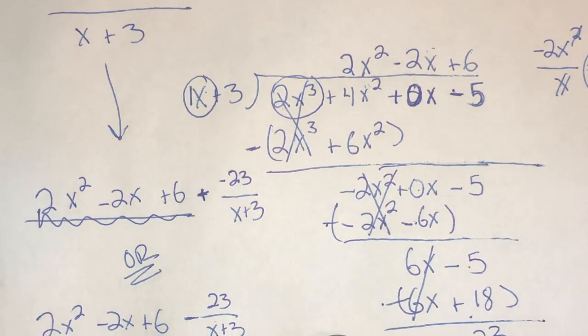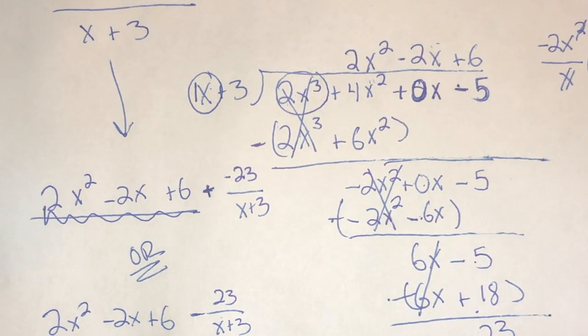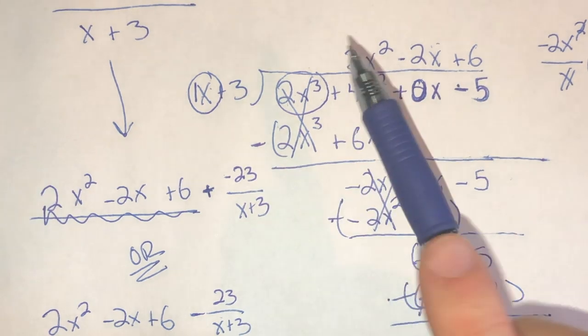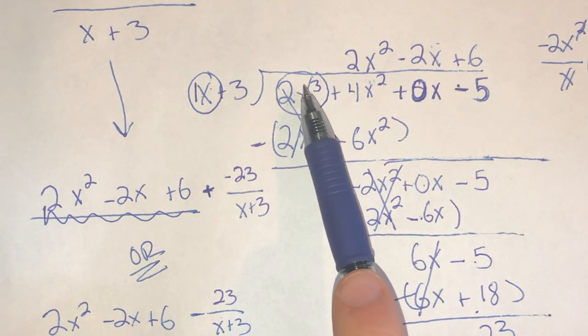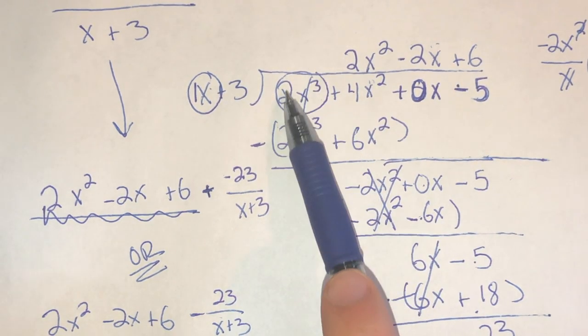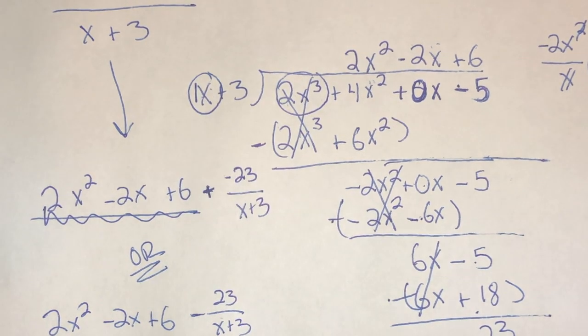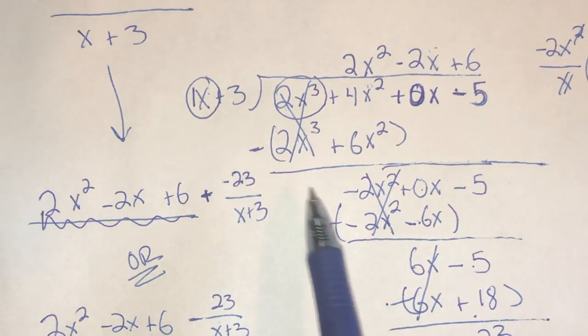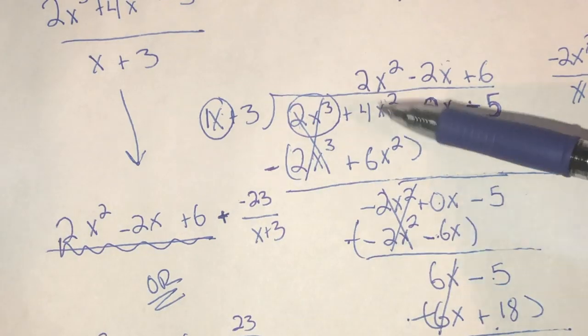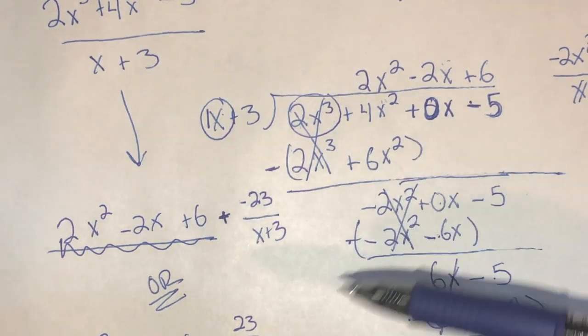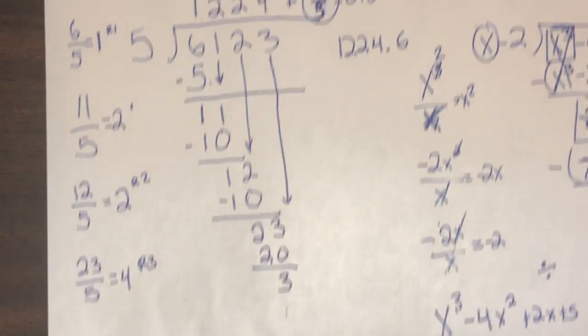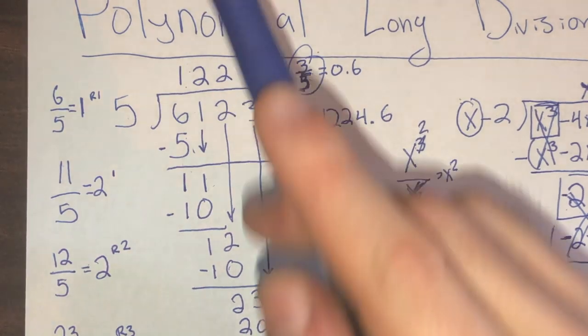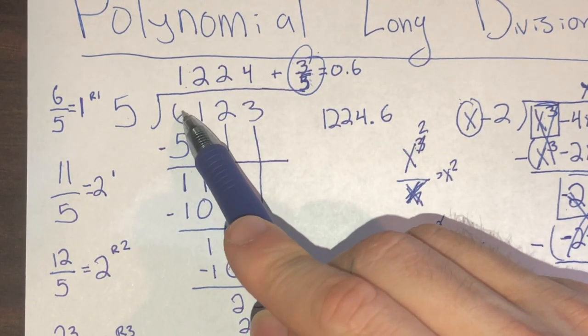All right, and so again, I know it's a very procedural, step-by-step thing, but again, we're going leading term, the biggest power of x, over the leading term, the biggest power of x, writing the answer here, multiplying through, canceling, bringing down, and so on and so on. And if you think about it, it's again very similar, right? This was the leading term.